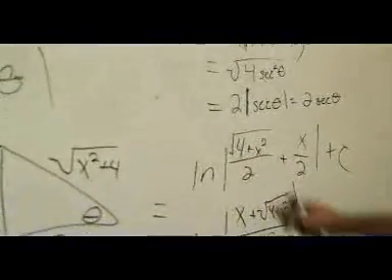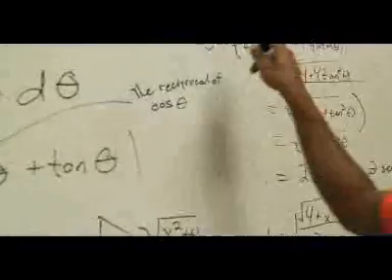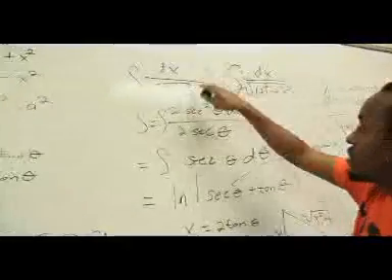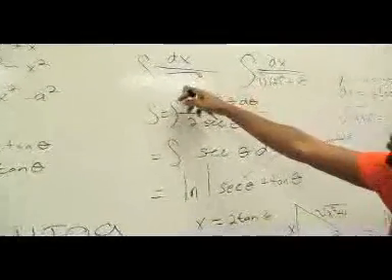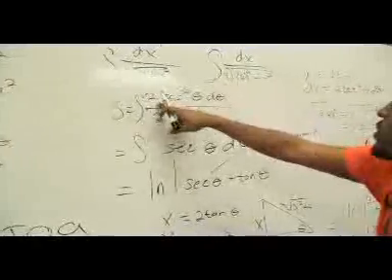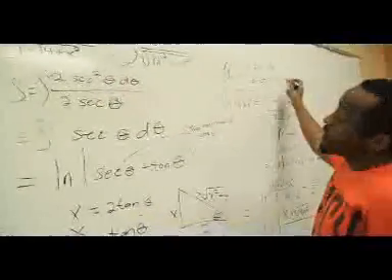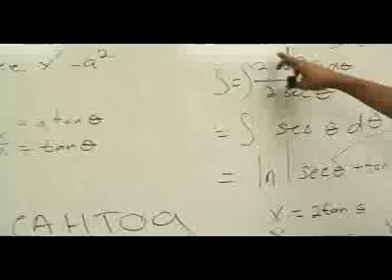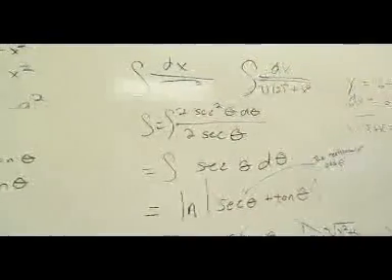Alright, now we plug our dx in and what we solved for our square root of 4 plus x squared. Okay, our dx is 2 secant squared theta d theta right here, we plug that in, and the square root came out to be 2 secant theta.